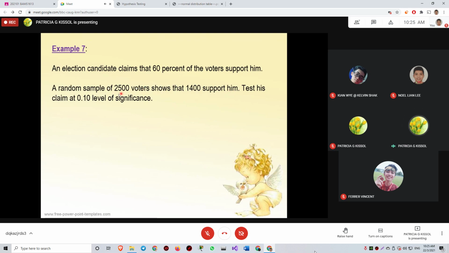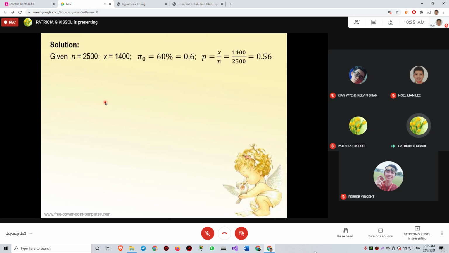Now remember, it's not only 2,500 voters, there are definitely more than that. But they just took a sample of 2,500 to test whether his claim is true or not. We want to test the claim at 0.10 level of significance.